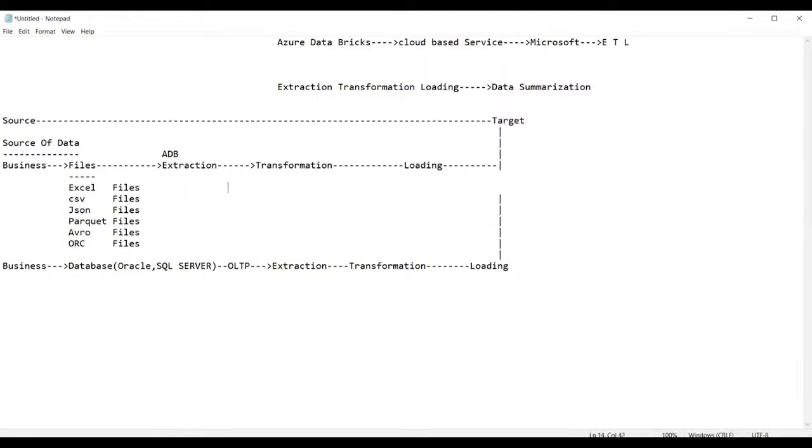I'm linking it up just to show you, guys, that these all will reach the destination like this. Finally, the data reaches the destination. Target is nothing but the destination.